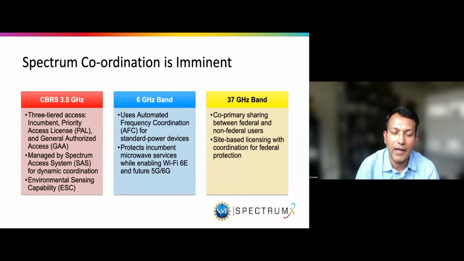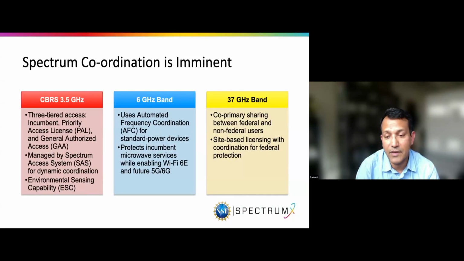In the 6 gigahertz bands, for standard power operation, automated frequency coordination is required in the US to protect the incumbent services. And more recently, in the 37 gigahertz bands, even though this is not very widely deployed, and a lot of the coordination is happening through the FCC, there is an opportunity to have some coordination between users of the band.